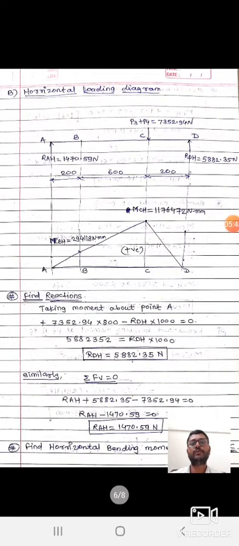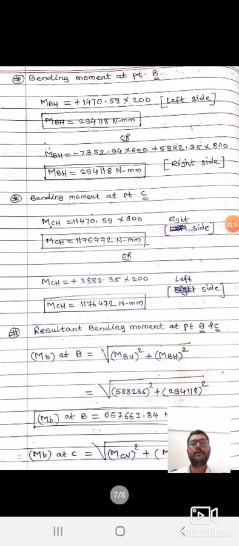The P3 plus P4 load is acting clockwise about point B, and to the right side we have to consider clockwise as positive and anti-clockwise as negative.